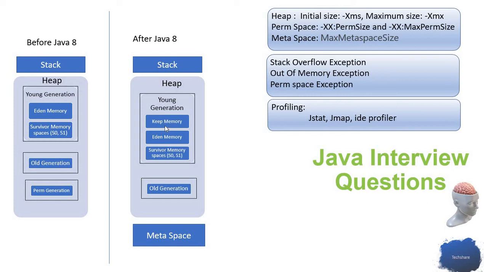That is the intention of having the keep memory. Whenever an object is created for the first time, it will be stored in the keep memory for some time, and then it will be moved to the Eden memory from which the garbage collection actually starts working. Okay, so that is the purpose of having the keep memory. So that's all about how the stack looks like.